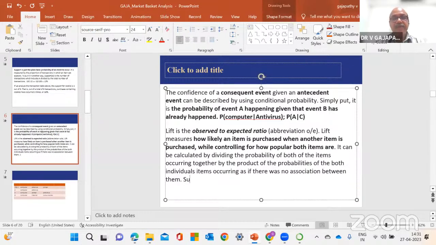Support of A intersection B, I'm using set theory for that, and then closing. Divided by support of A times support of B.